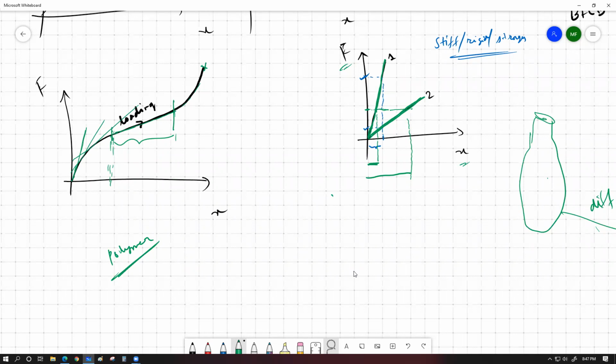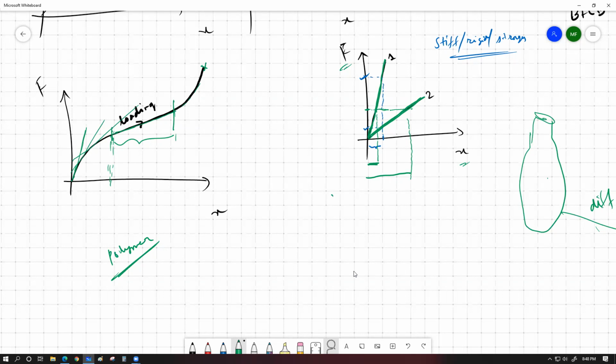Because you have to understand one thing: Young's modulus is the gradient of the straight line part of the stress-strain graph, or within the proportionality limit of the specimen. Since polymerized substances don't have any straight line part within their graph, the quantity Young's modulus practically doesn't apply to them.